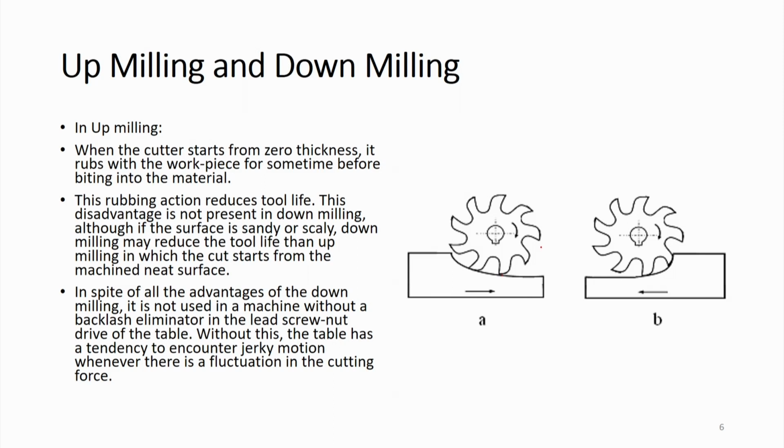This disadvantage is not present in down milling, although if the surface is sandy or scaly, then down milling may reduce the tool life more than up milling. Because if there is a sandy surface, the sand is there, so initially this surface will come in contact, whereas in down milling, even if there is a sandy surface, we are cutting from the machined surface, so by this time it will reduce the big chunk.